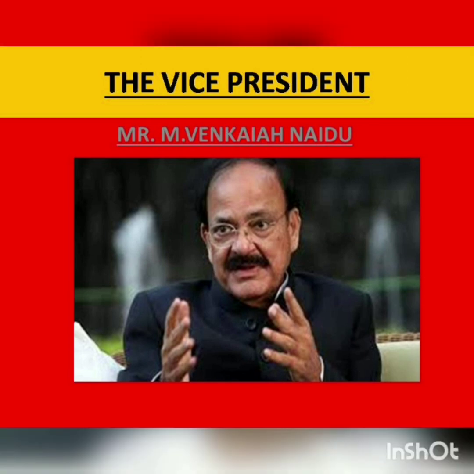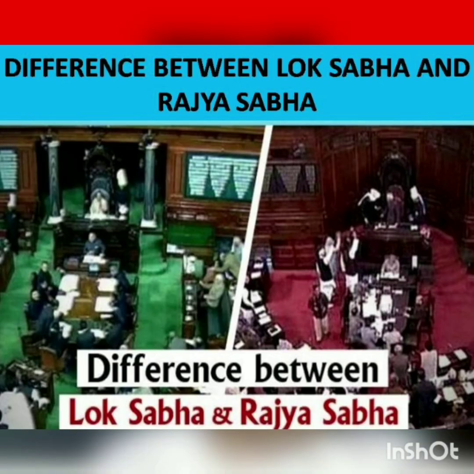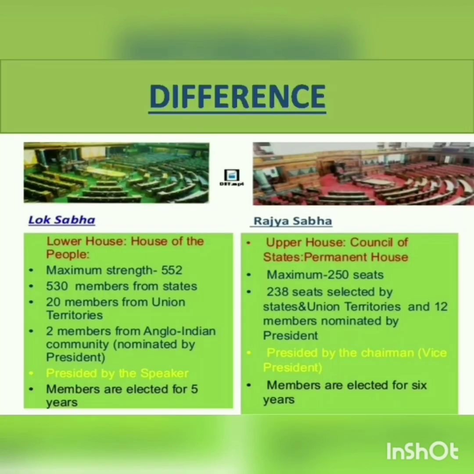Now see the difference between the two houses. So let us know what is the difference between Lok Sabha and Rajya Sabha. Lok Sabha is the house of the people, whereas the Rajya Sabha is the council of states. Now see the strength. There is a difference between the maximum strength. Here in Lok Sabha, the maximum strength is 552, and in Rajya Sabha, the maximum strength is 250 members.